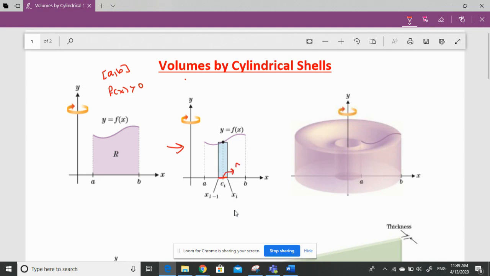It's delta x. So I have here a point. I want to revolve around the y-axis, so I must focus on this distance. After that, I will revolve the point. It's coming like this.